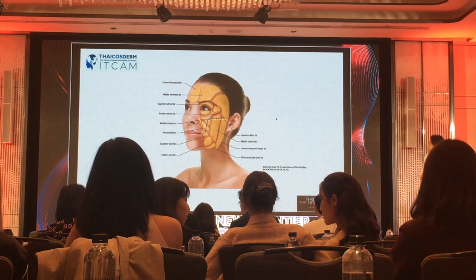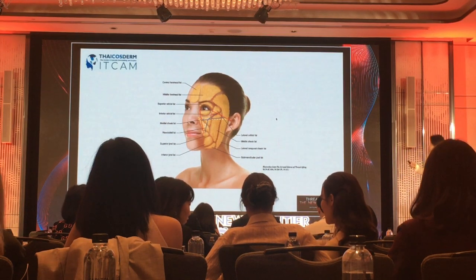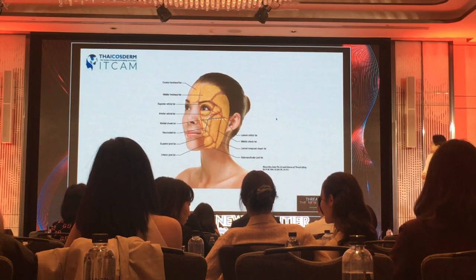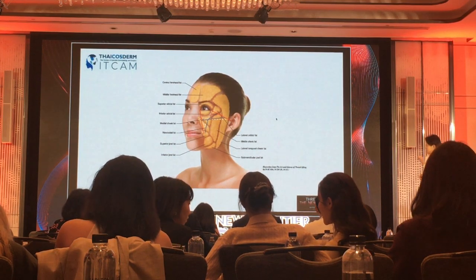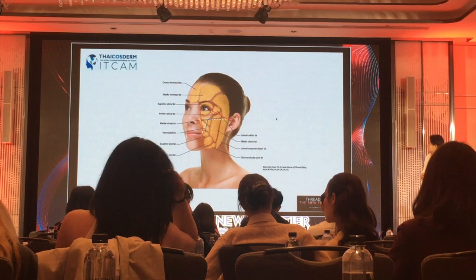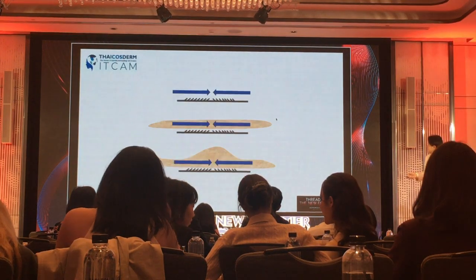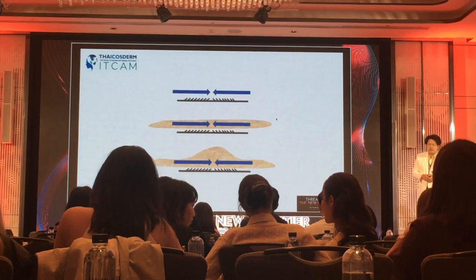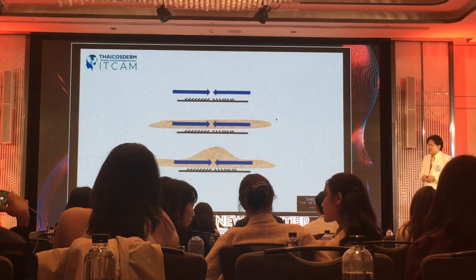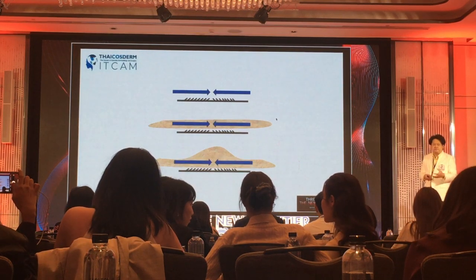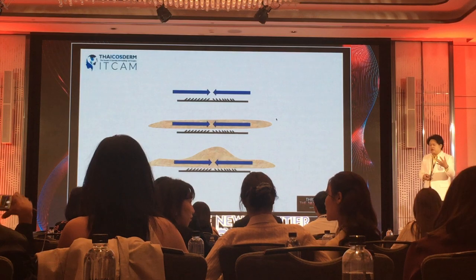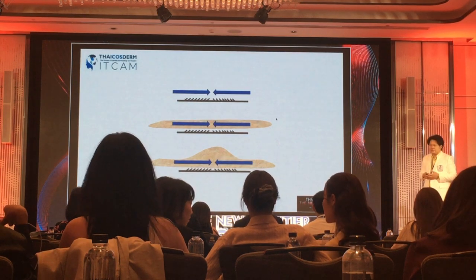As you can see over here, the blue line is the line of the thread, and the white line is the intersection of the apex that I want. By using the accumulation technique, you can create the apex to the anterior, not to the lateral of the face.